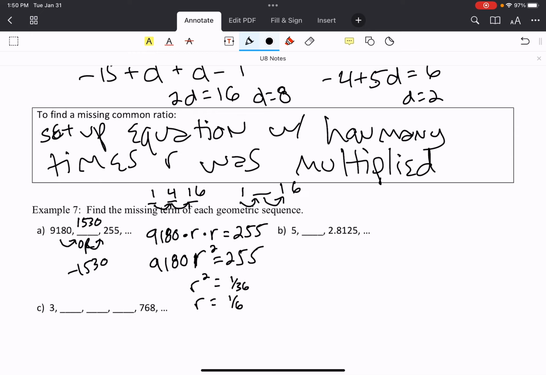Okay, let's do it again. Set up my equation. 5 times what? R squared is 2.8125.